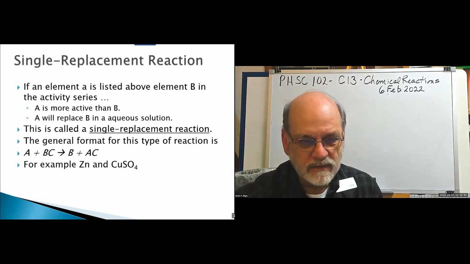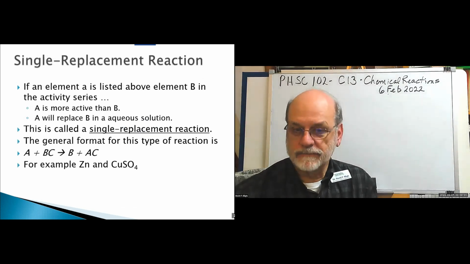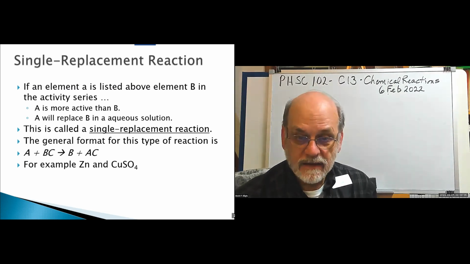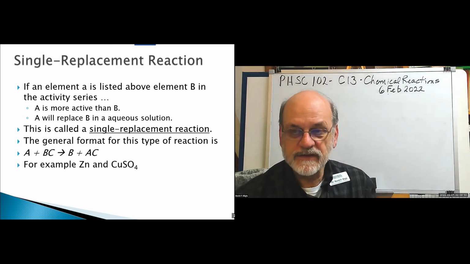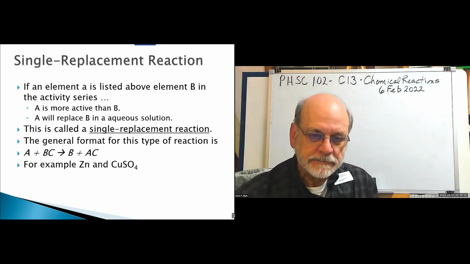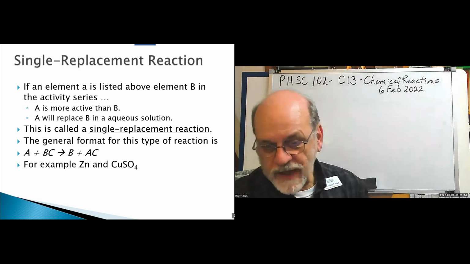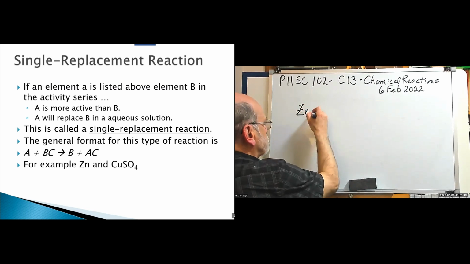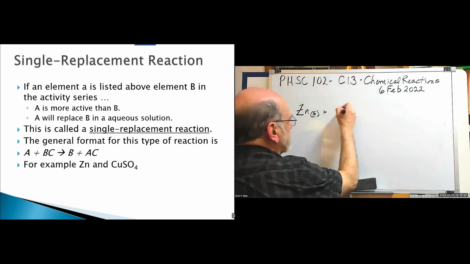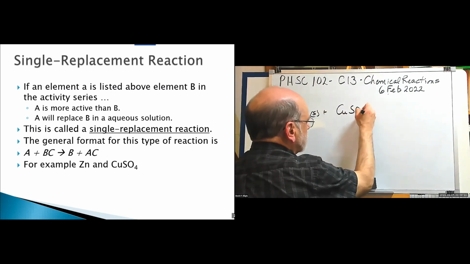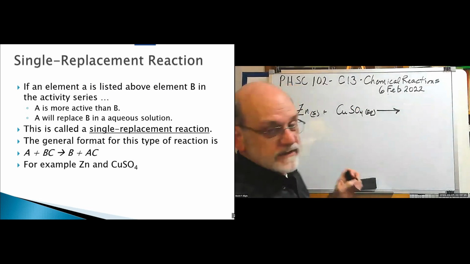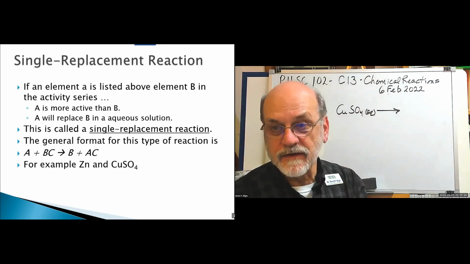Let's see, we have an example: zinc and copper. These are characterized by single replacement reactions. That's what this activity series is based upon. So, for example, if we have zinc metal and copper sulfate in aqueous solution, the question is, is zinc more active than copper?